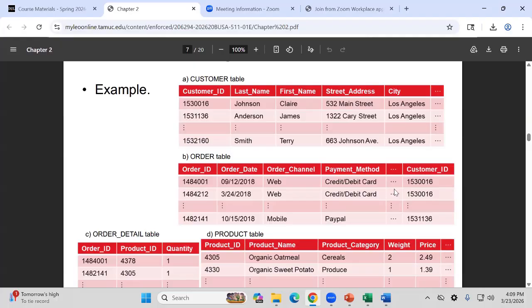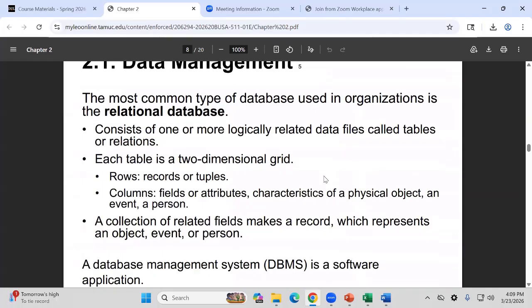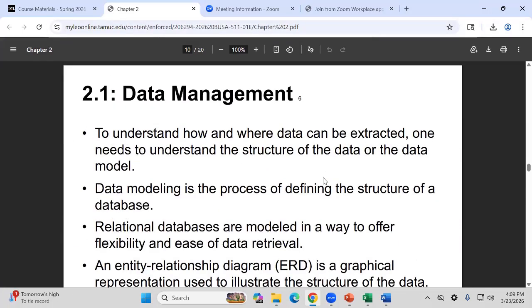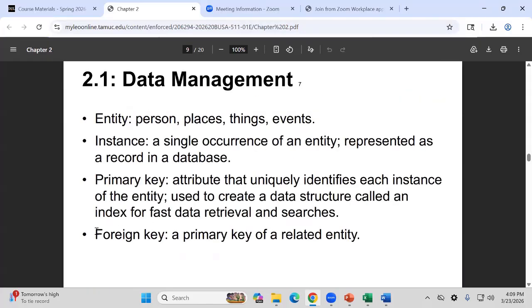For this type of column, we call it a foreign key. It's a primary key that locates a unique record in another table, right?